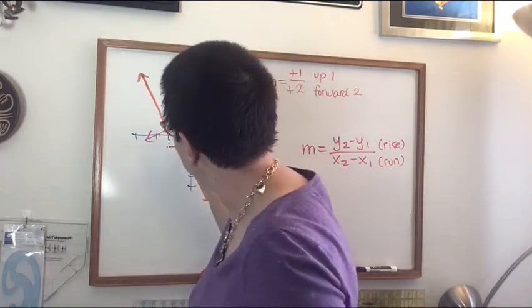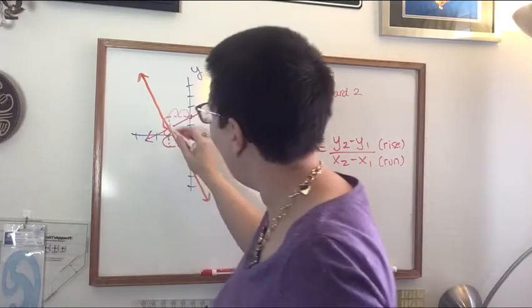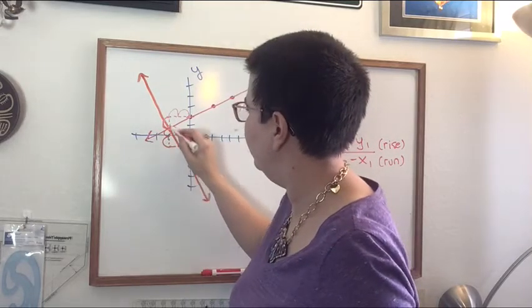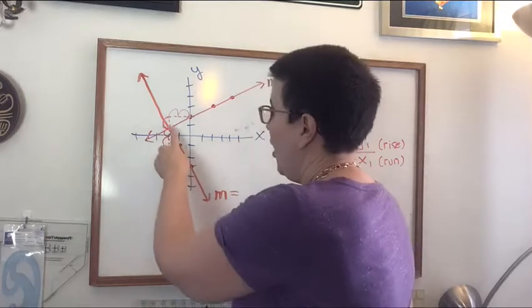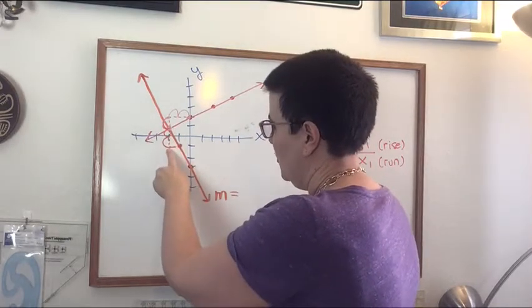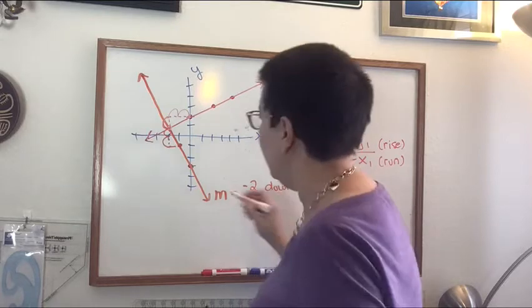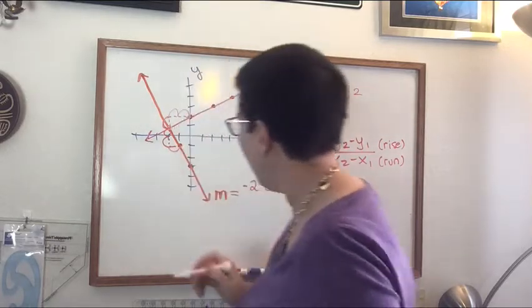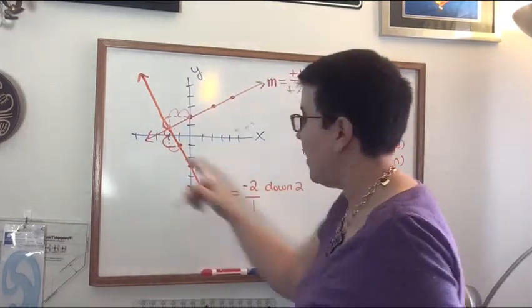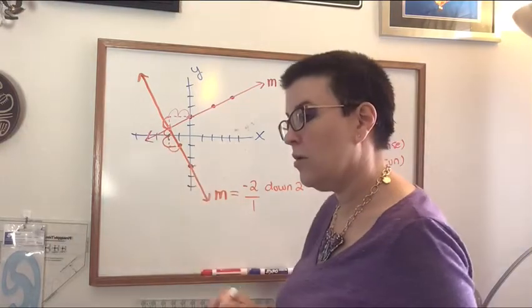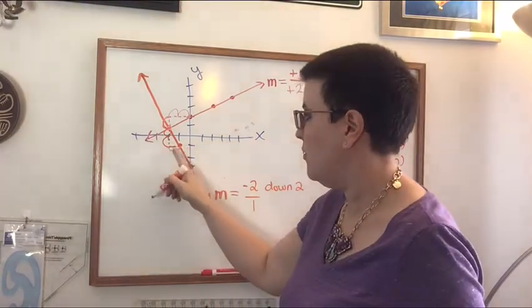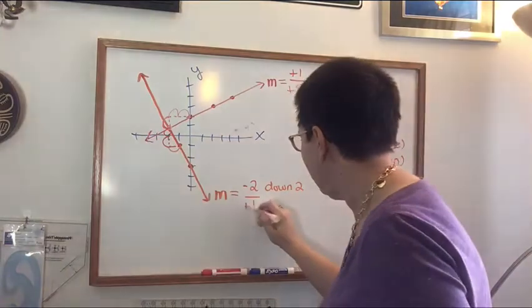How far did I rise? 2. Is that up 2 or down 2? Down 2. Now, how far did I run? 1. Is that forward 1 or back 1? Forward 1.